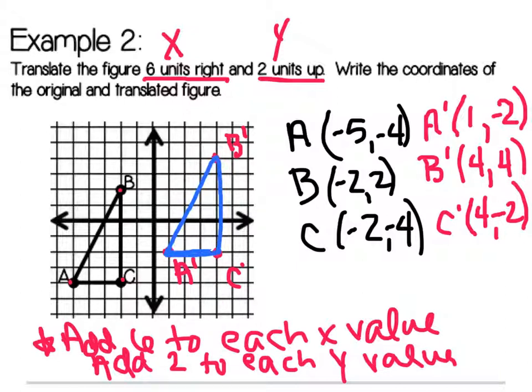So A was 3 spaces away from C, and A prime is 3 spaces away from C prime. So when we translate, it saves the orientation and it saves the size. They are congruent. Translations preserve congruence. They also preserve orientation. That means they're in the same order when we look at them.